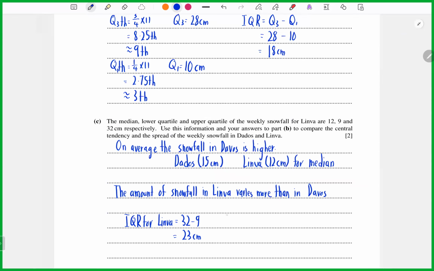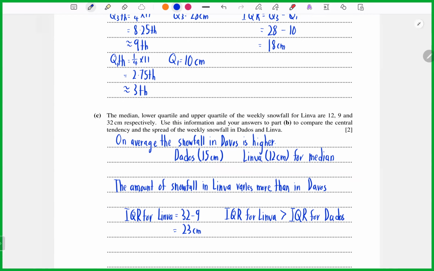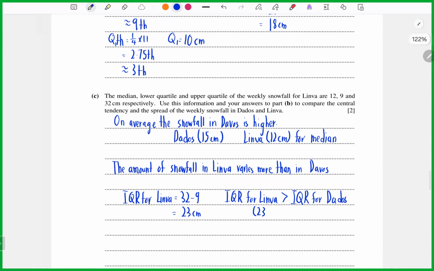You can see the interquartile range for Levinus is more than for Thanos. Here is 23 cm, here is 18 cm. So I hope you can understand how to analyze this information.